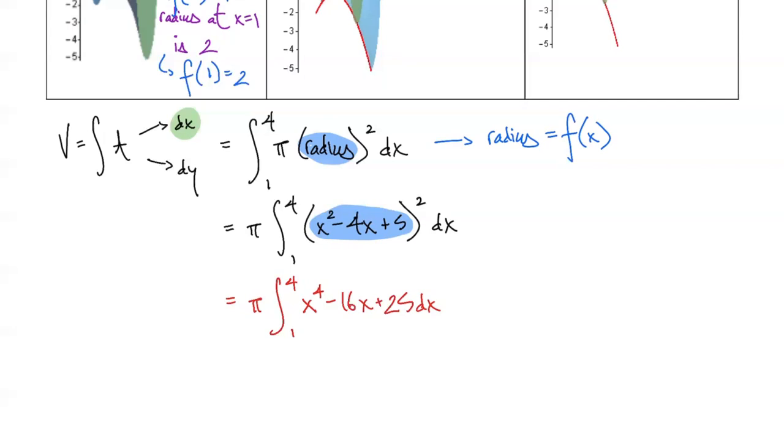Yeah, they didn't FOIL, but specifically, what did they do? What was the mistake or the glitch in the brain? Yeah, they just took that square power and distributed it to every single term. So they just squared every single term. They did not FOIL, which means they did not distribute properly. That's one common mistake.